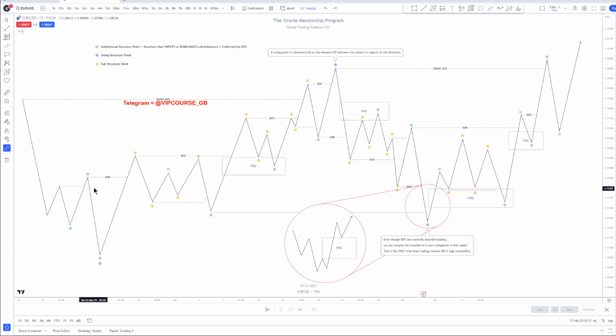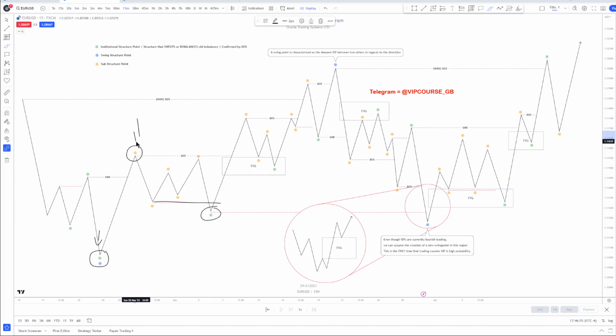Okay, so for example, here we have institutional structure point, which we will now refer to as ISPs. We have an ISP here, and this pushed price up and created a high here. Okay. Now, what is a break of structure? A break of structure is when a newly formed ISP breaks the high that was produced by the previous ISP.